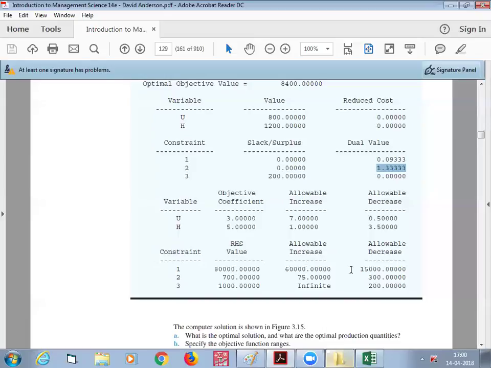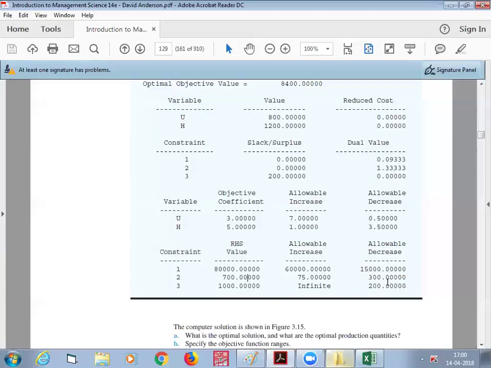So between 80,000 minus 15,000, which is 65,000, and 1,40,000, these dual values will remain constant. Okay, marginal rate of return and risk-return trade-off will remain constant.